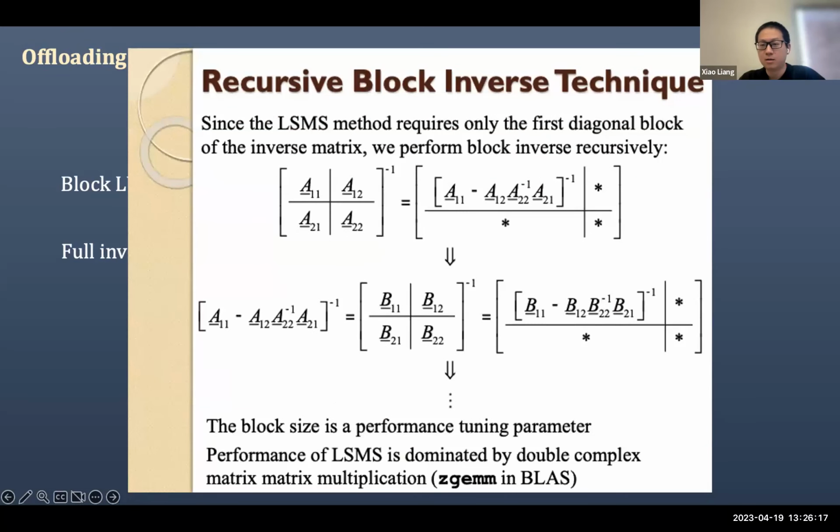This is the procedure of the block LU algorithm, which is already implemented in the CPU matrix inverse in MuST. We first divide the matrix to be inverted into 4 blocks. We know that the inverted matrix on this block is obtainable.